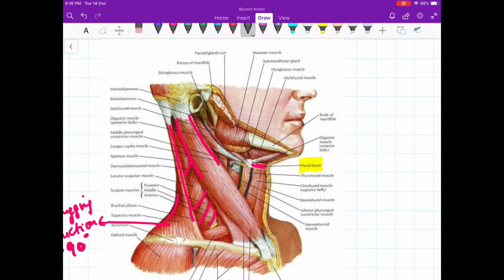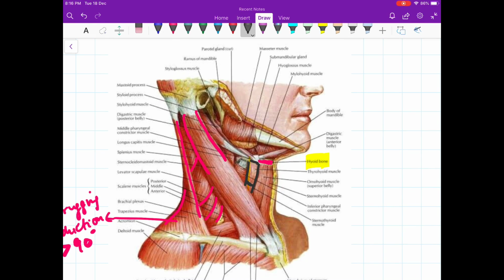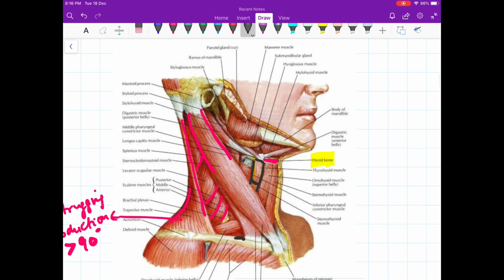As the name suggests, it starts from thyroid and it attaches to hyoid bone. The muscle below the thyroid and attaching to the sternum is sternothyroid. This is sternothyroid.